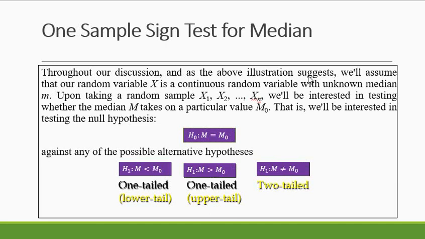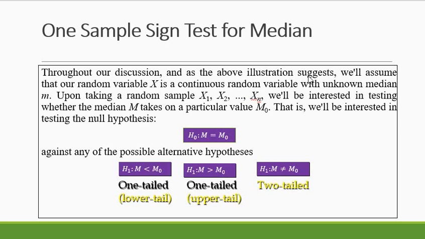So the first one is the one sample sign test for median. Our null hypothesis is H0: m equal to m0, and we have the alternative one tailed or two tailed hypothesis as seen in the PowerPoint: H1: m less than m0, H1: m greater than m0, and H1: m not equal to m0.